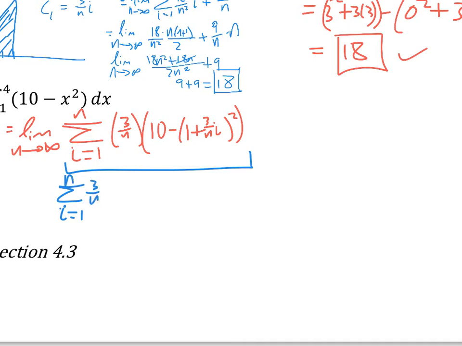So we're going to have 3 over n times 10 minus, and we've got 1 plus 6 over n times i plus 9 over n squared times i squared. And that's good.